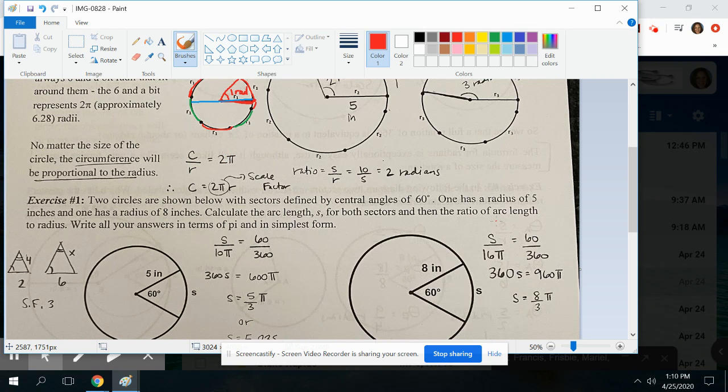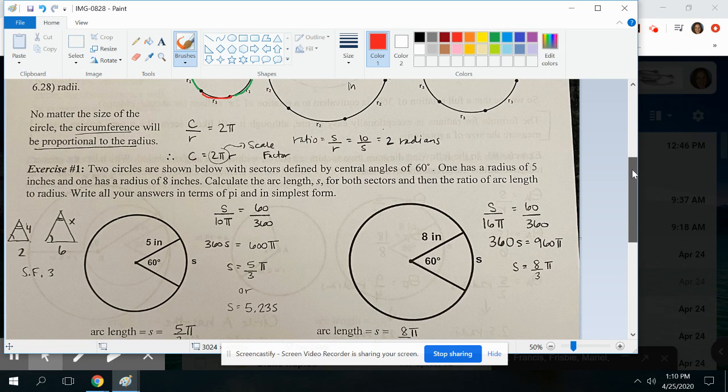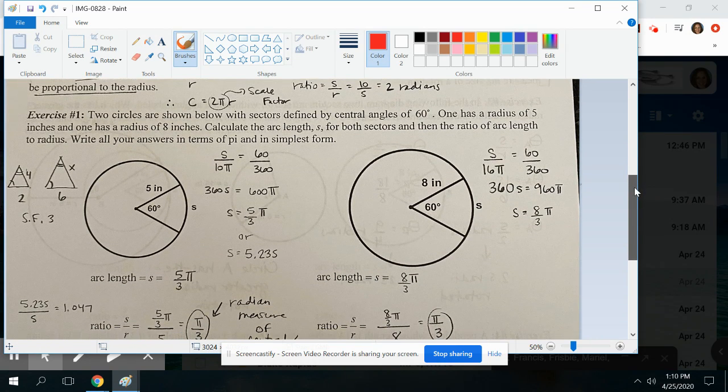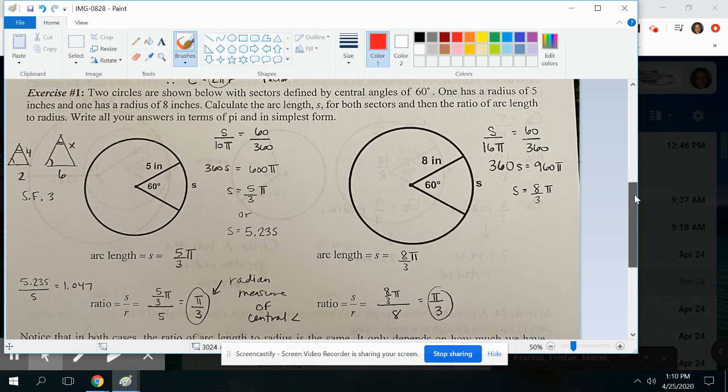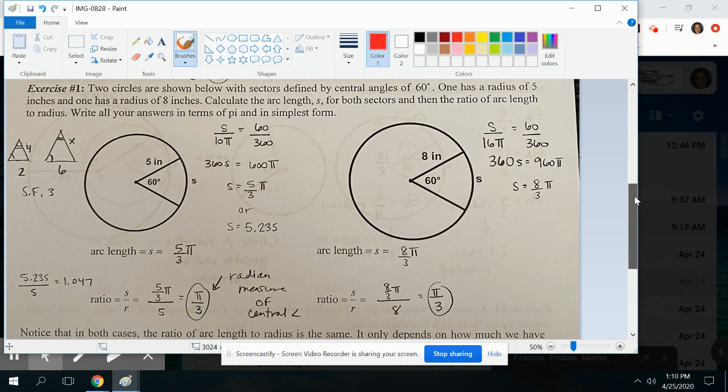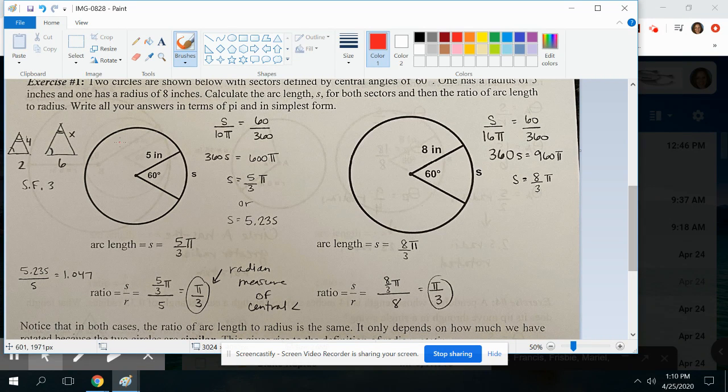So we're going to go back and forth between something you already know, which is degree measure, and incorporate this new radian measure. With both of these circles, they have degree measure, they're different sizes, they have different radii, and we're going to bring back arc length.